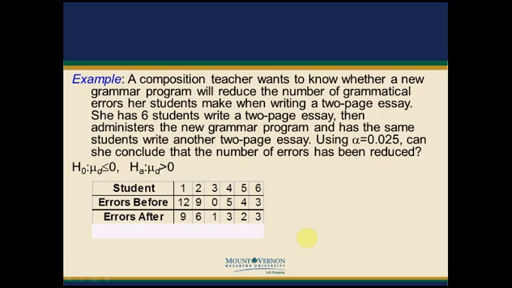So we want to specify that, because it'll affect the alternative hypothesis. If I'm saying my alternative hypothesis is that the average difference is greater than 0, that makes sense with before minus after, because if the before has more errors and the after has fewer errors, then before minus after will be greater than 0.